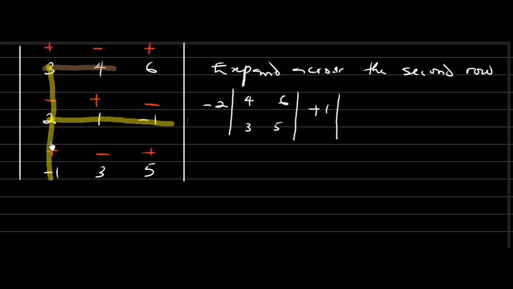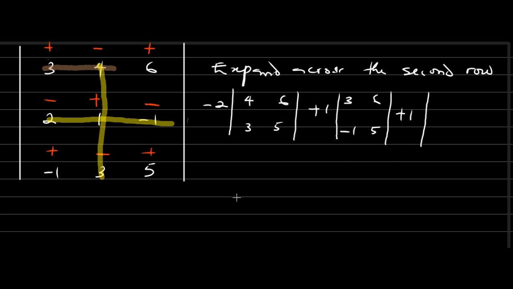So for this 1, we are going to delete the column that has 1 and the row that has it. So we are left with 3, 6, minus 1, 5. All right. Then for the next element, we have minus 1. And minus 1 already has negative, so that is plus 1.